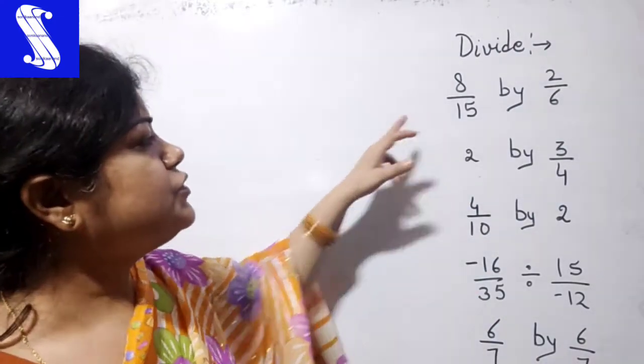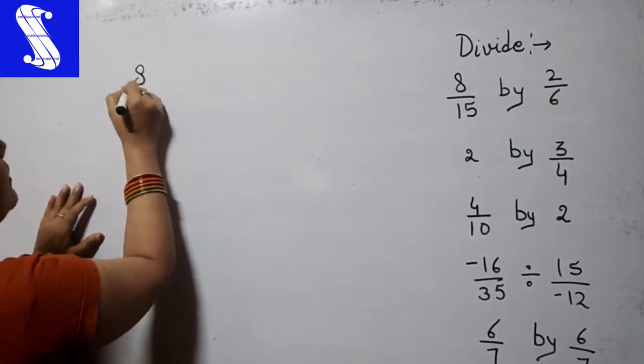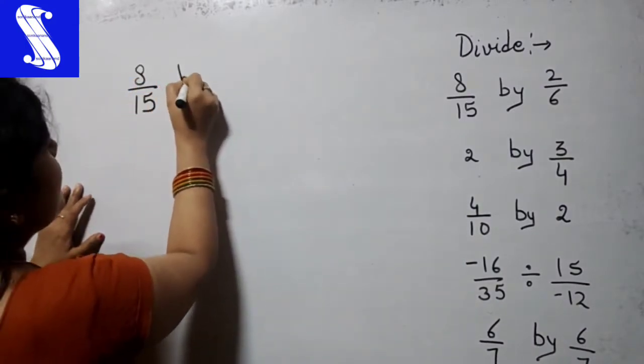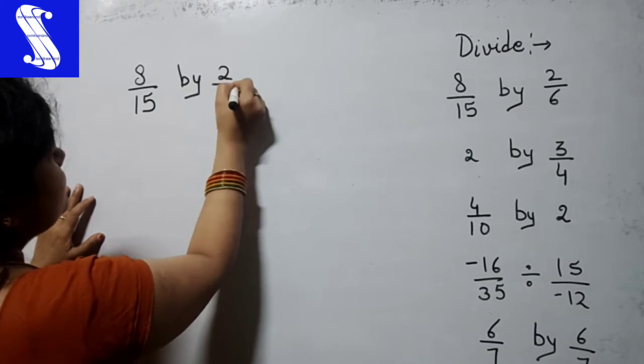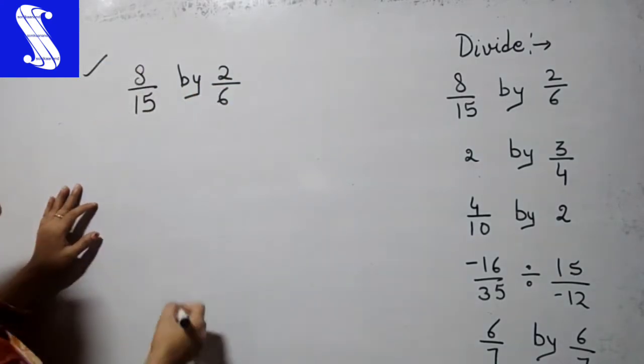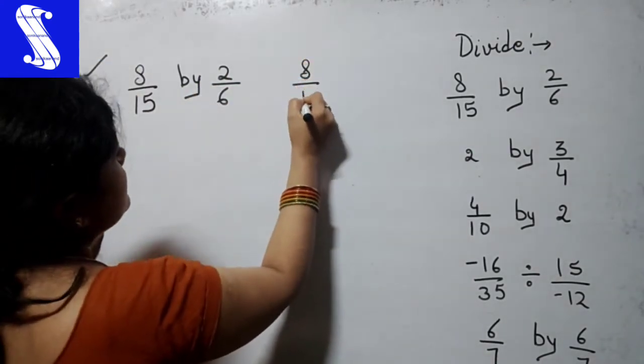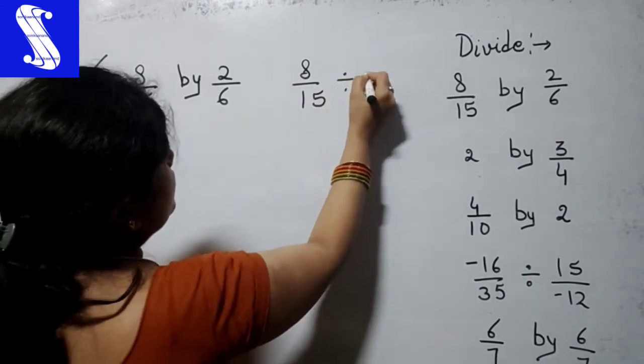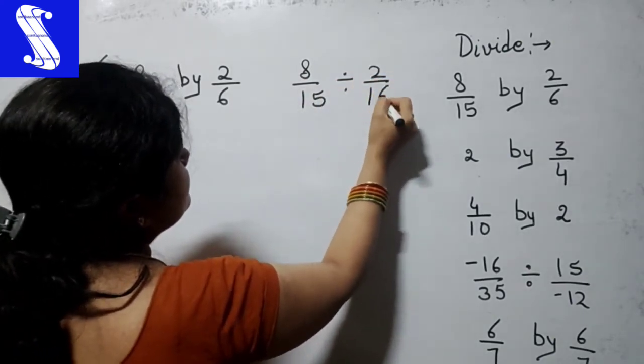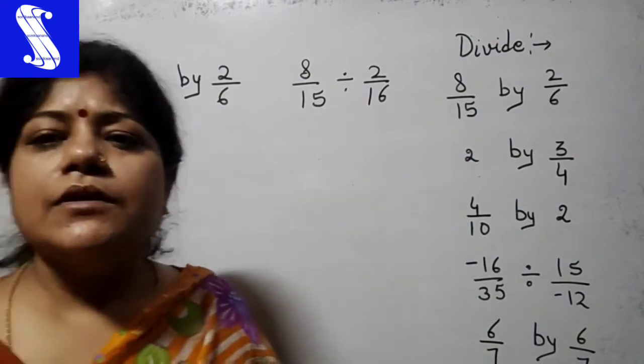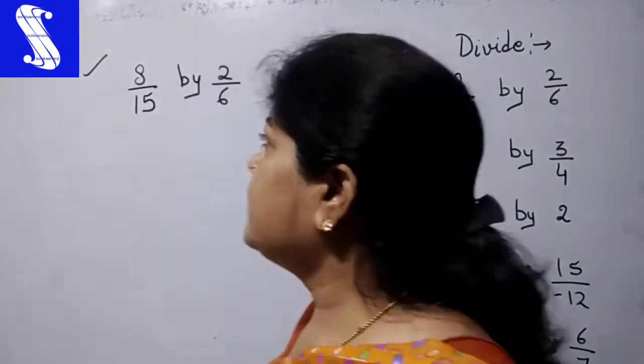Firstly, question number 1: 8 by 15 divided by 2 by 6. Either it is written in this way, or in this way, there is no difference between them.